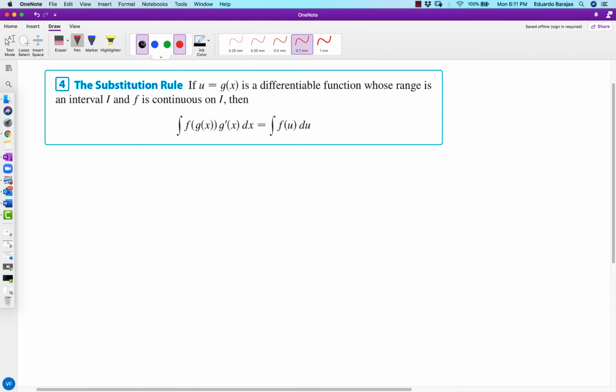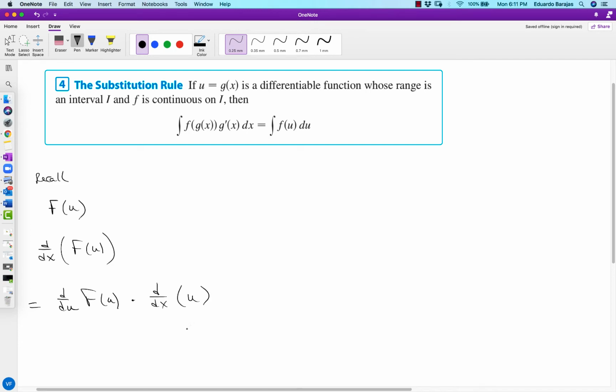Right? So another way of thinking about this is to begin with the chain rule. Recall that if I have some capital F function of u, and I want to take a derivative with respect to x on the function capital F of u, then what we do is take the derivative with respect to u on capital F of u, and then thanks to the chain rule, we have to take the derivative with respect to x on that u function.